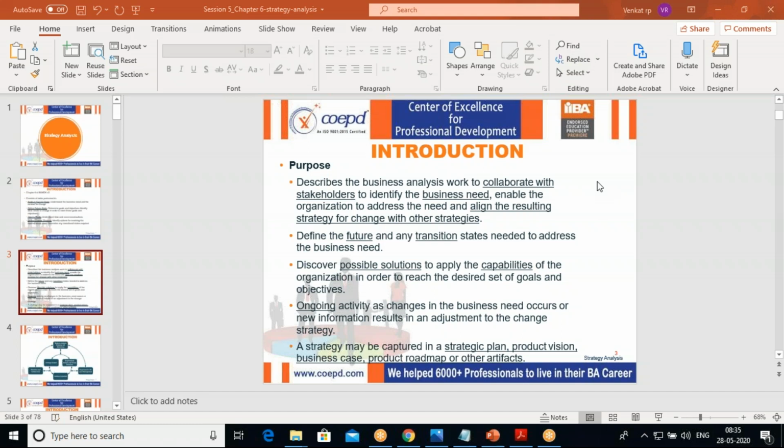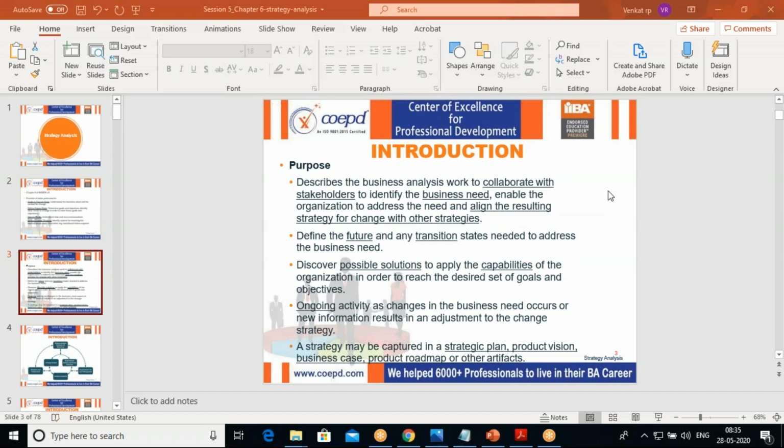Right, now we need to understand this strategy analysis, how business analysis is going to be implemented as a part of strategy analysis, okay? And what we actually do as a business analyst during this strategy analysis, okay? Now here we need to understand BACCM.